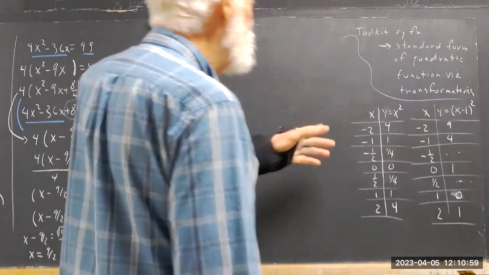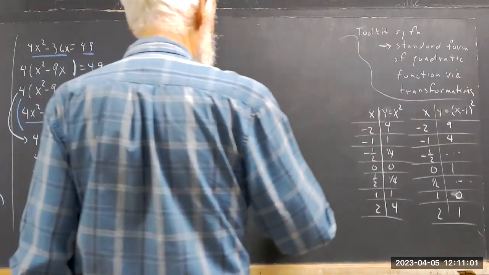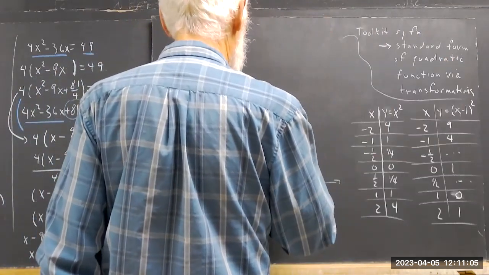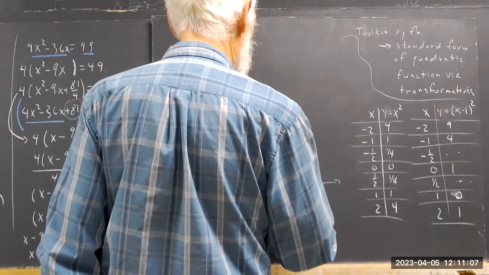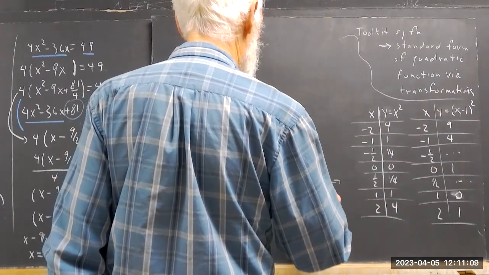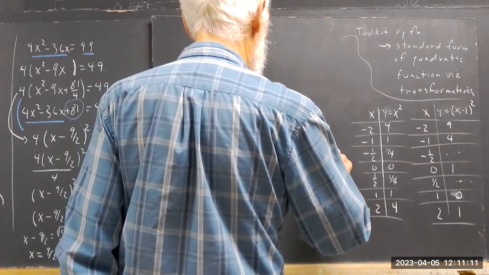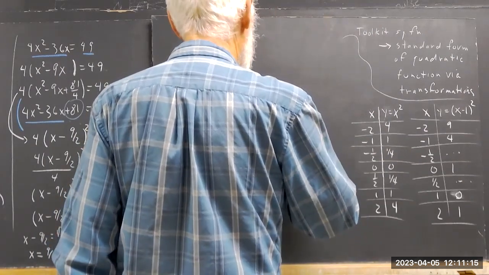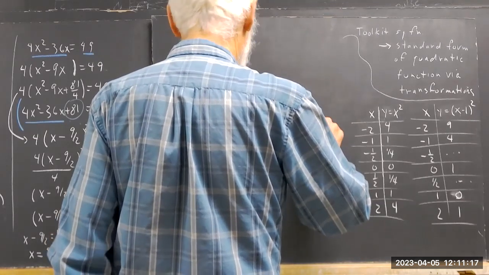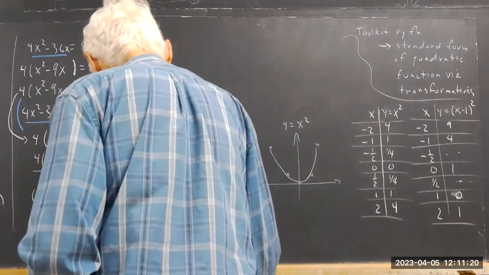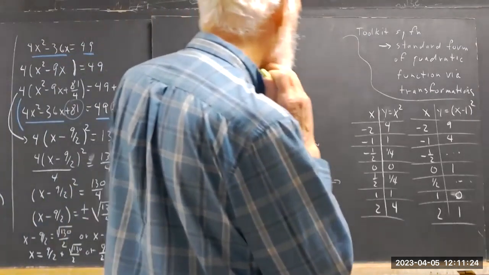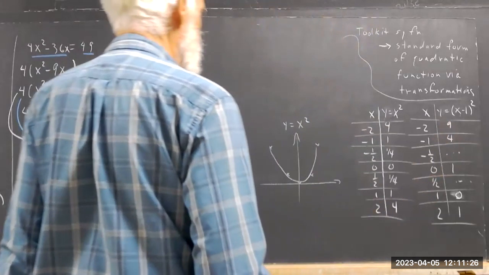All right, well, if we now look at the graphs of these two functions, and I'm just going to draw points here without doing a lot of labeling. Okay, here's y equals x squared. Where the points for this function.